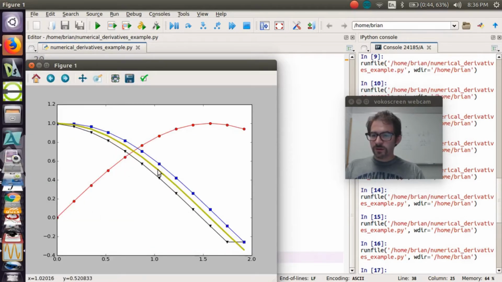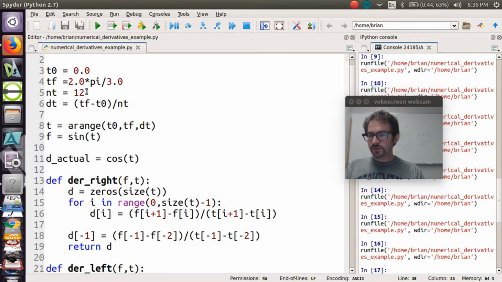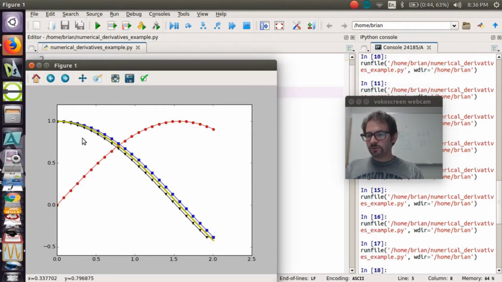So this bold yellow line here is the actual derivative, and you can see that these two values are straddling the real value of the derivative here, which is right there. Do these approach each other when I make my time steps smaller? Let's give it a try. Instead of 12 time steps, let's have 24 time steps. And you can see that these values are pinching closer to that actual value of the derivative, yellow.